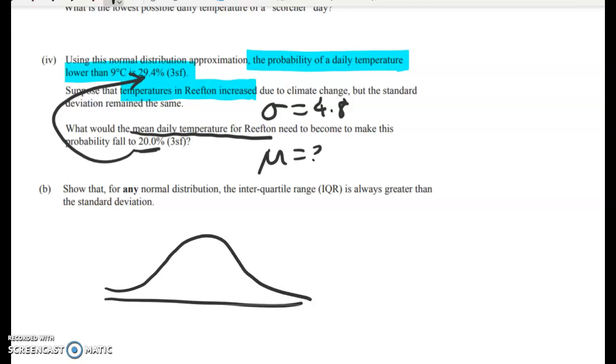At the moment, the probability that the temperature is below 9 degrees in Reefton is a whopping 29.4%. And that's with a mean of 11.6.